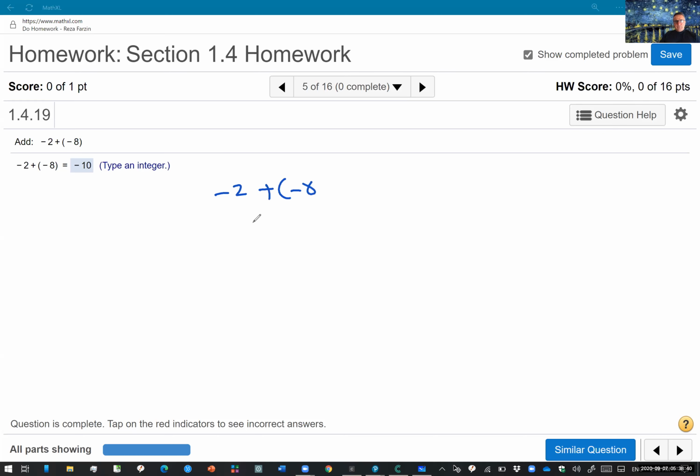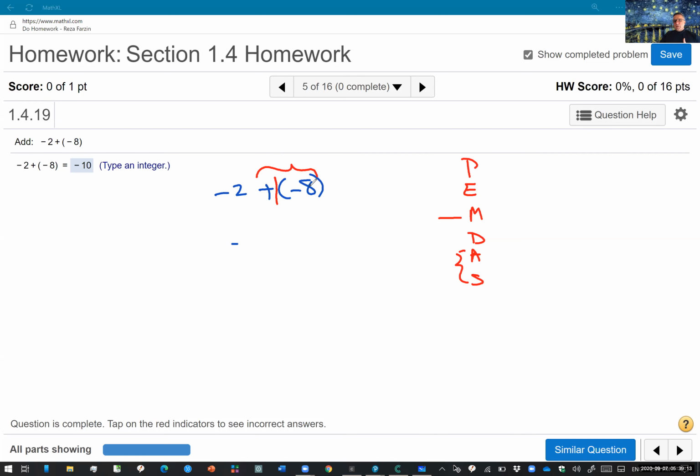To get rid of the parentheses, we're going to multiply those, because always remember, there's an invisible 1. And this is a multiplication. And when you deal with PEMDAS, the order of operations, multiplication comes before what? Before addition or subtraction. Multiplication and division come first. So that's why you have to take care of this first.